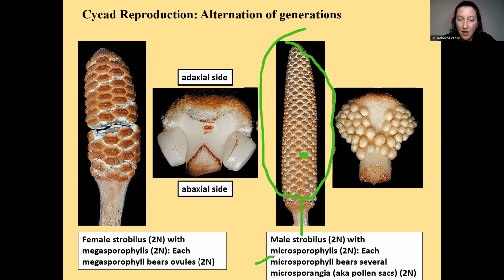Because microspores are going to be made, we have microsporophylls, that's what the leaves are called, and each microsporophyll will have a bunch of microsporangia on it, aka pollen sacs. Here is one leaf, one microsporophyll. Here is one pollen sac, the little fish egg looking things.